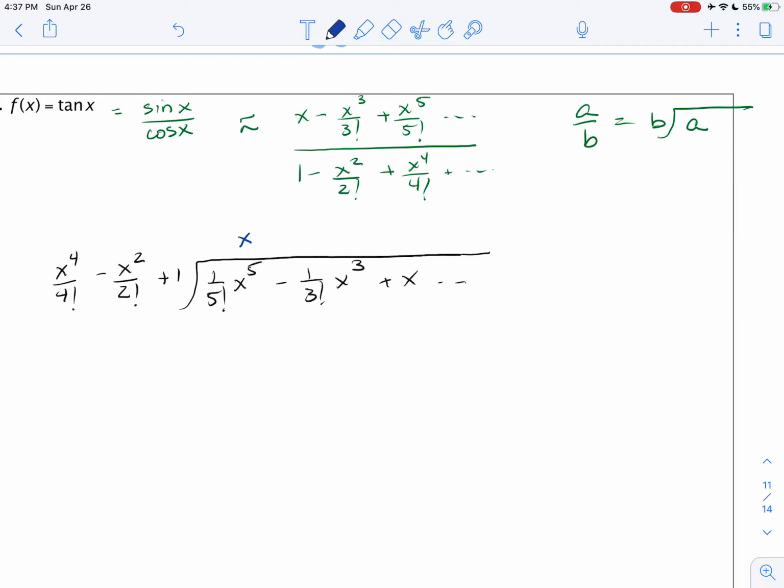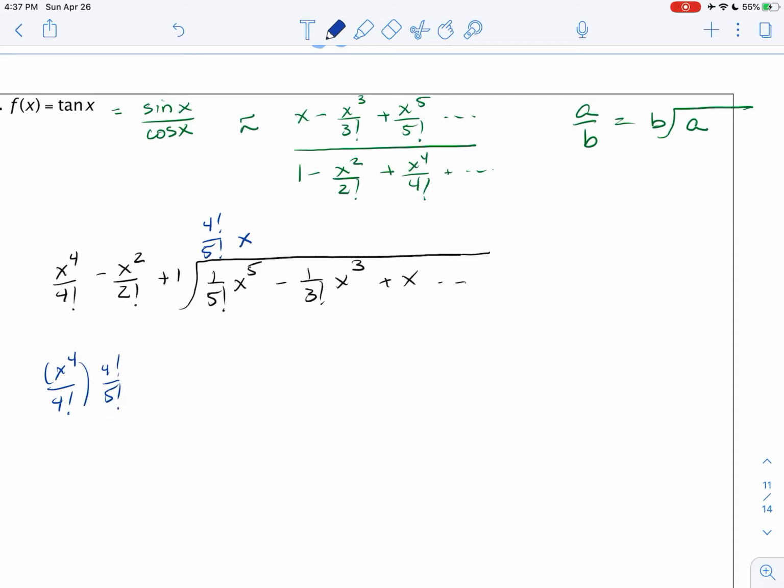So I know that if I multiply by x here, I'm going to get x to the 4th, but I do want to multiply by 4 factorial over 5 factorial.